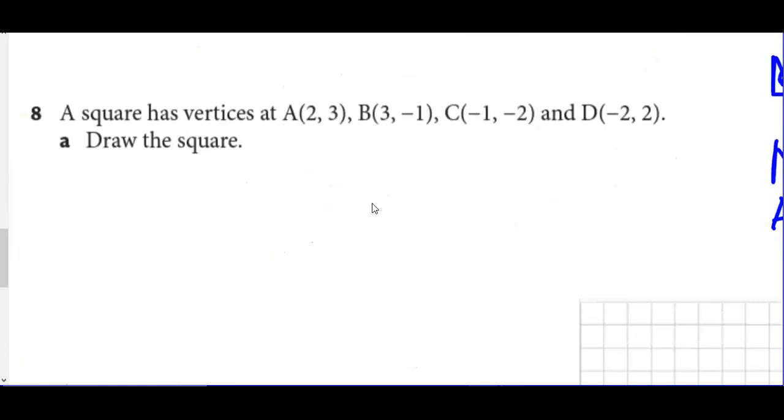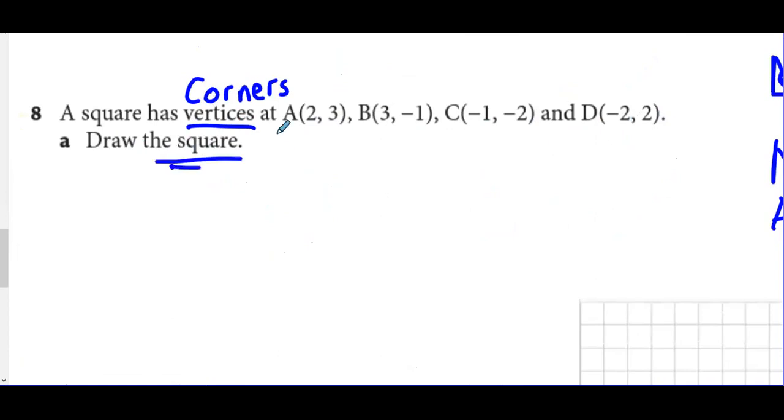What does vertices mean? Vertices are nothing but corners. So a square has corners, or vertices, at A, which is coordinates (2, 3), B (3, -1), C (-1, -2), D (-2, 2). Draw the square.